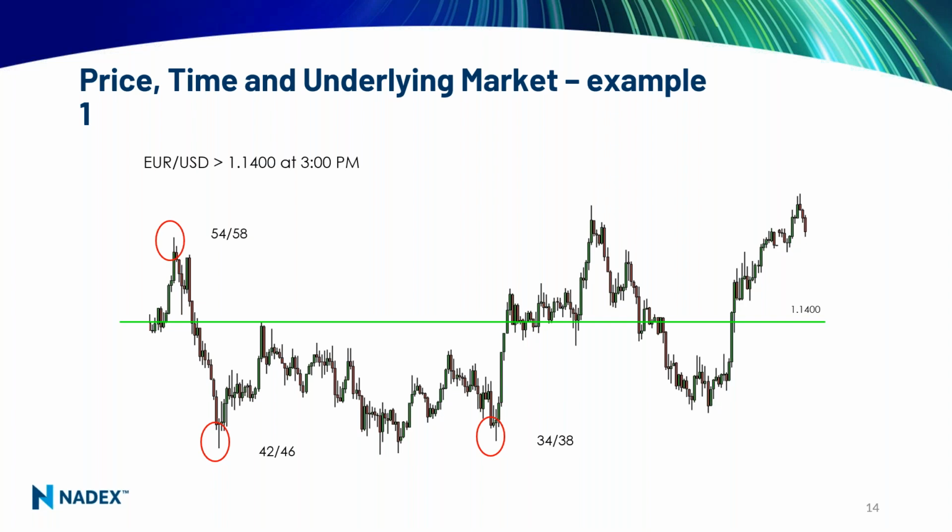It is still below 1.14, and there's less time for it to go higher and finish above 1.14. As we look forward, notice it makes a much more dramatic price rise, a probability increase.